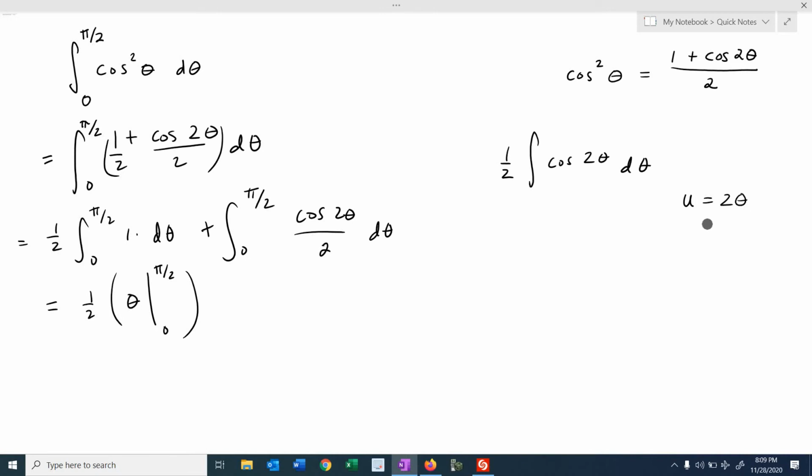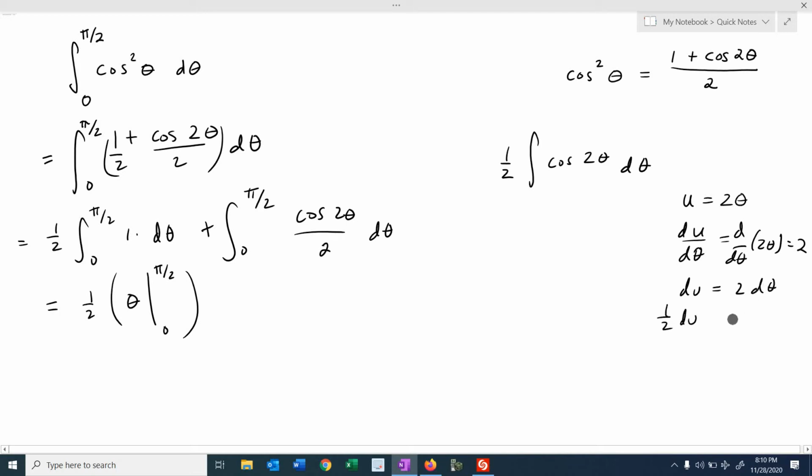Now we're going to take the derivative of both sides of this equation with respect to theta. So that gives us du d theta is equal to the derivative of 2 theta with respect to theta, and that's equal to 2. Then you solve for d theta here. Just multiply the d theta to the other side and then divide by 2. And so we get d theta is equal to 1/2 du.